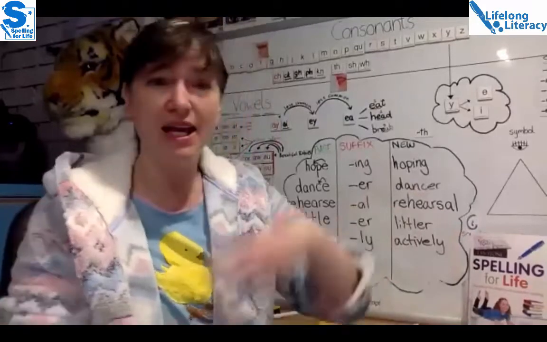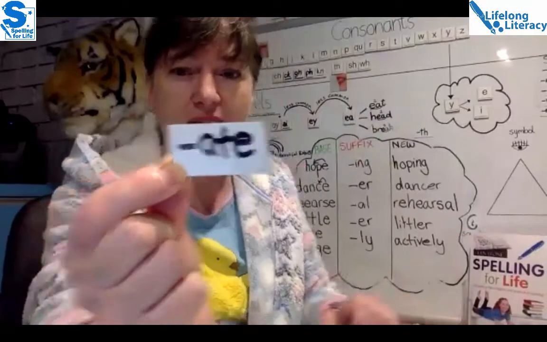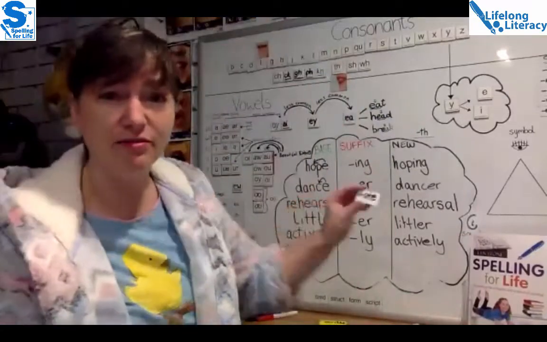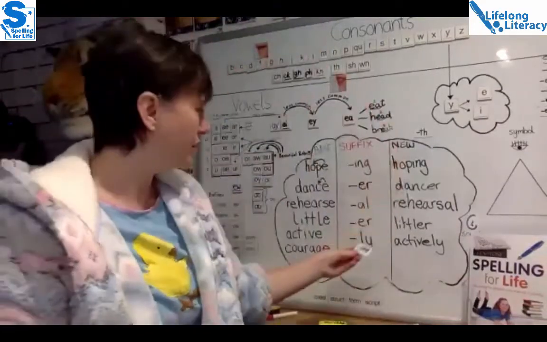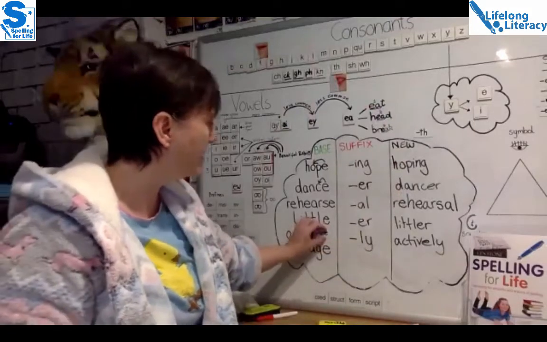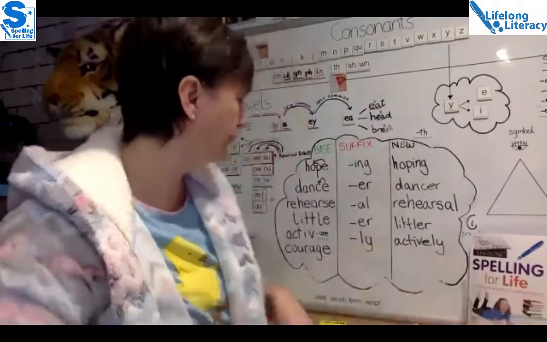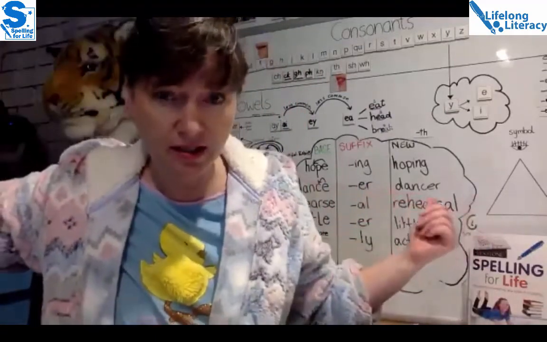If I bring something into a state of action, I activate it. Now, I'm going to add ate to active. That's a vowel suffix. So how do you spell activate? That's right. You replace the final silent E. Or ist. Where's my beautiful ist suffix? The dog possibly ate it.